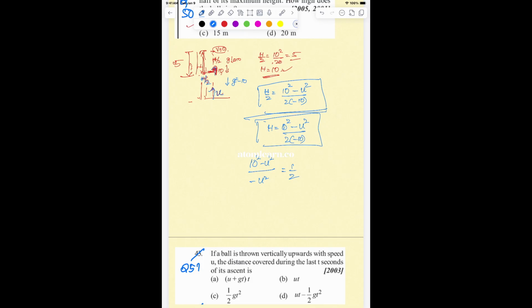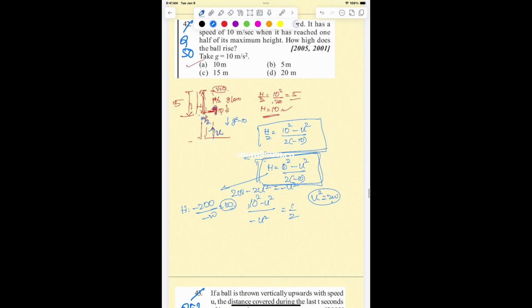From here you can solve it as 200 minus 2u squared equal to minus u squared. Therefore u squared is equal to 200. Now put it into one of these equations. For example, u squared is equal to 200, you put it there, h is equal to minus 200 divided by minus 20, equal to 10 meters.